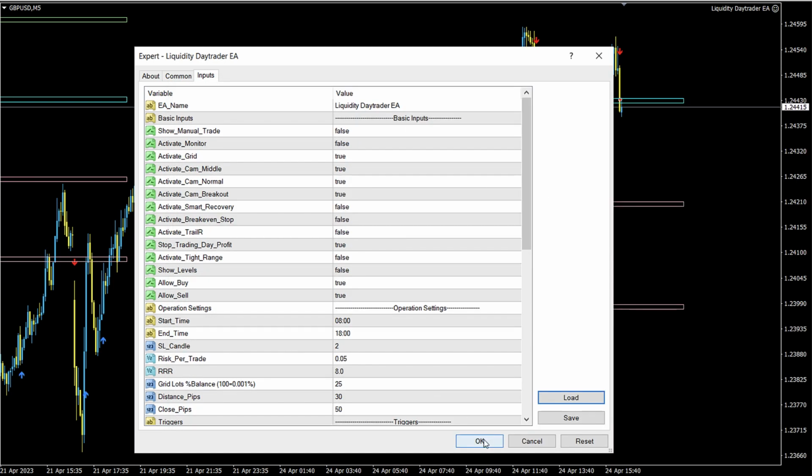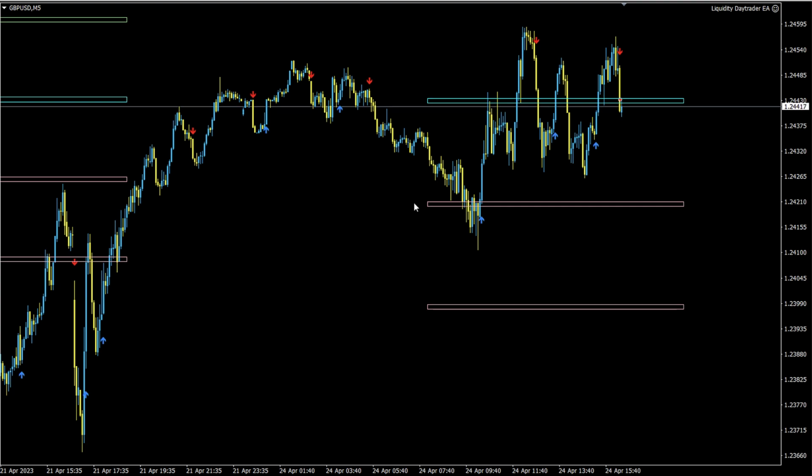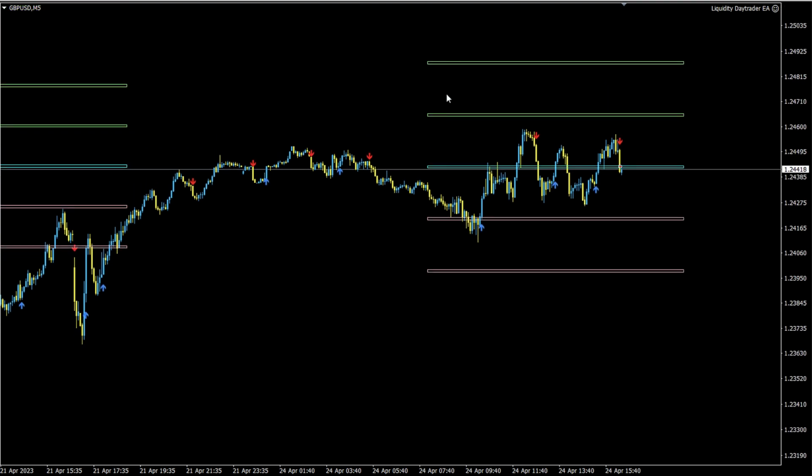This is for people who don't want to bother with learning how to use the other features of the EA. It will automatically buy and sell on the Camarilla levels that are present here. Whenever there's a Camarilla level, it will use it as a reversal.